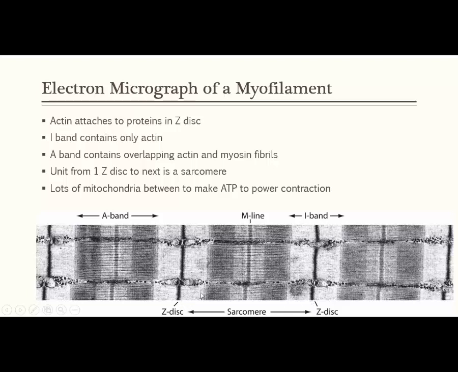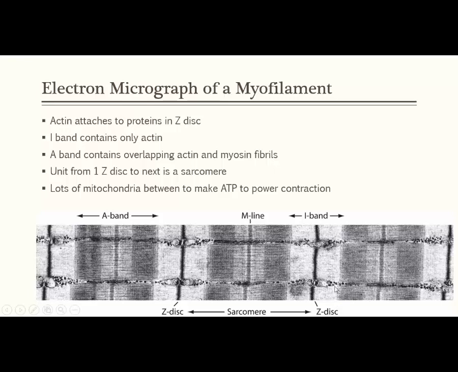Remember that there is actin coming out from each of these Z-discs. There are a lot of mitochondria in this stripe because we need mitochondria to make the ATP that powers the movement that causes contraction. In this I band, we have only actin.